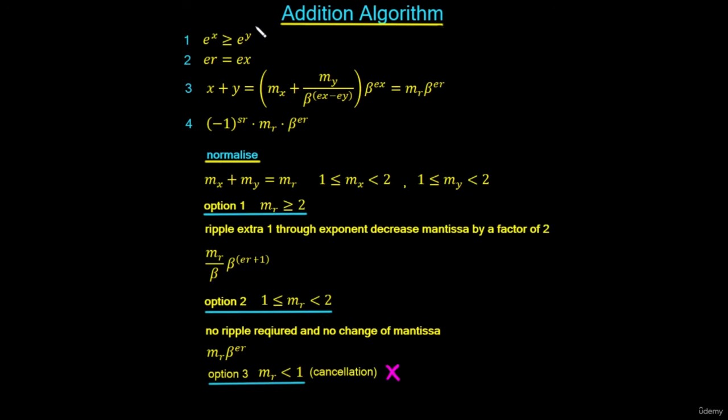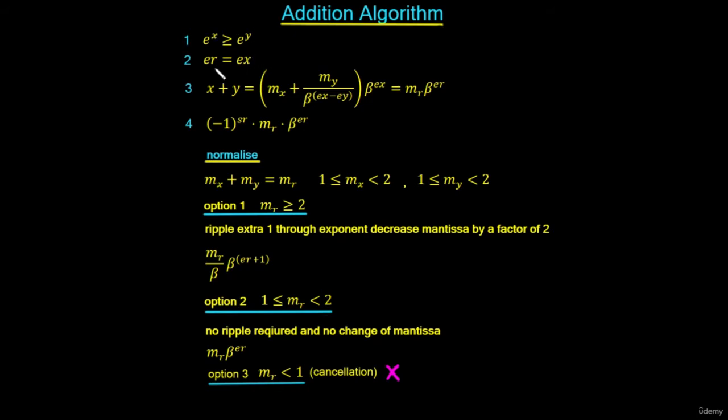If ex is always greater than or equal to ey, then whenever we do the alignments in order to do the addition or subtraction, we know we're always going to have to increase the exponent for the value of y, and decrease the mantissa for the value of y in order to make it equal to x. And we swap these round about in order to ensure that that's the case.